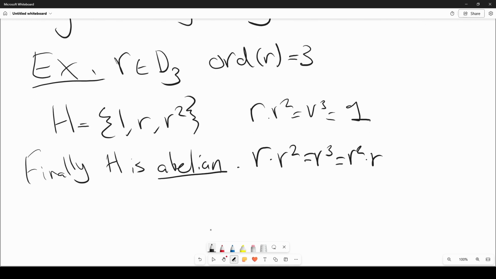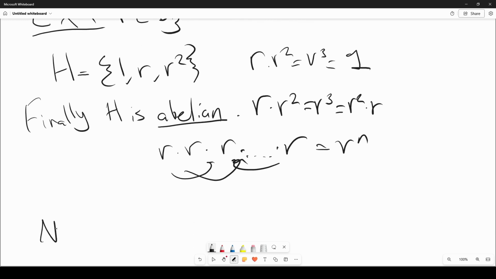It's because, like I said before, if you multiply any two elements, it's just another power of r. But if you just have a long series of r's, it doesn't really matter how you order them. You're still going to get the same thing at the end of the day. Because of this, all elements commute with each other, so H is abelian.